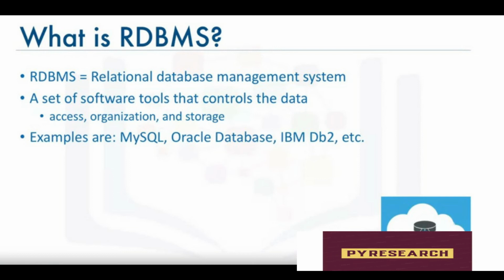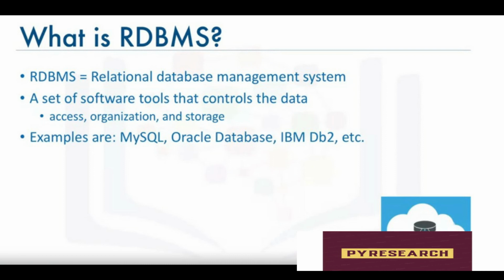RDBMS is a set of software tools that controls the data such as access, organization, and storage. An RDBMS serves as the backbone of applications in many industries including banking, transportation, health, and so on. Examples of relational database management systems are MySQL, Oracle Database, DB2 Warehouse, and DB2 on Cloud.